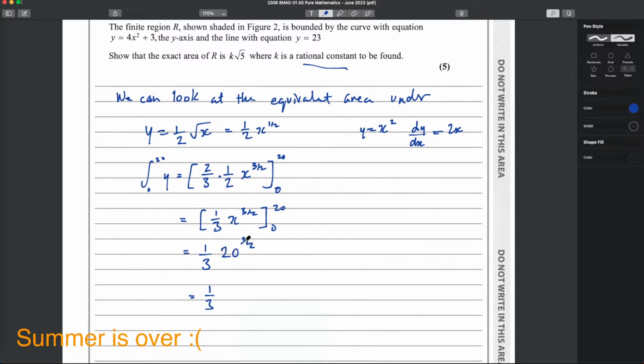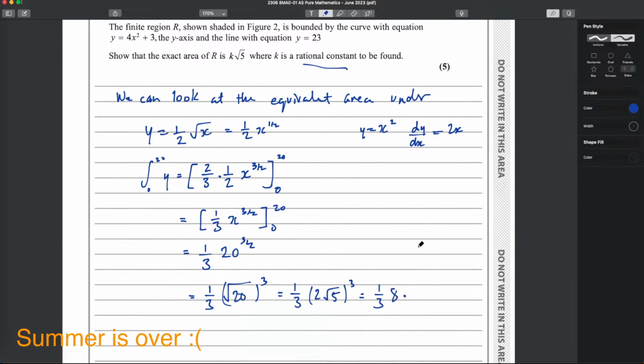Oh, right. Yeah, okay. So let's write this as, I'm just going to do it this way. So then this is 2 root 5 cubed, which is then 8.